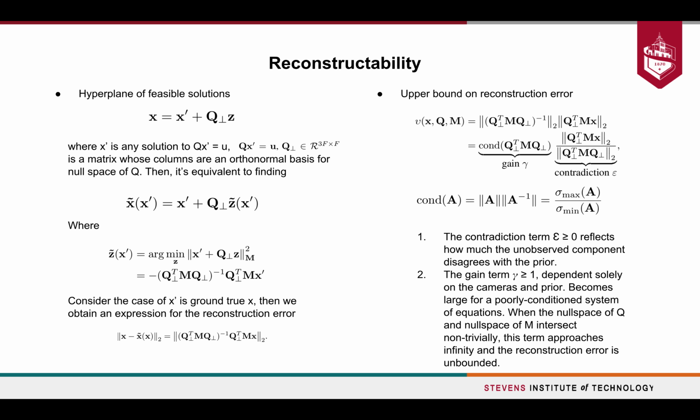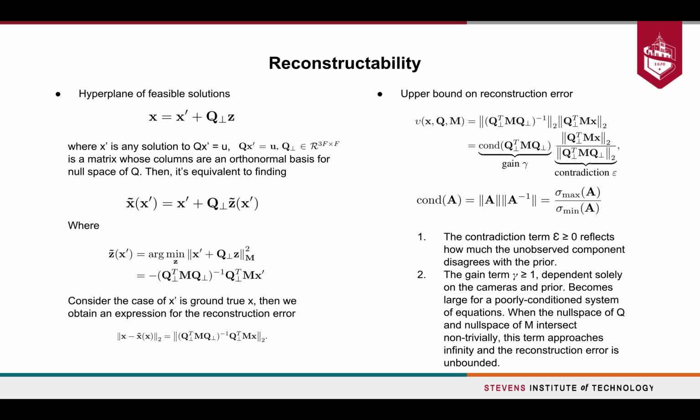Here, they suppose there is a random solution for the projection system, and there will be a null space for Q. With this solution plus some value in the null space, it will still be a solution for the system of projection, since Q times this part is supposed to be 0 and it still satisfies this function.